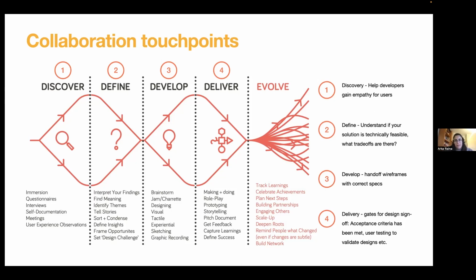And then number 3, the develop phase, that's pretty self-explanatory, of course. At that point, you've got your wireframes sorted out, and at the end of the phase it will be in high fidelity, right?